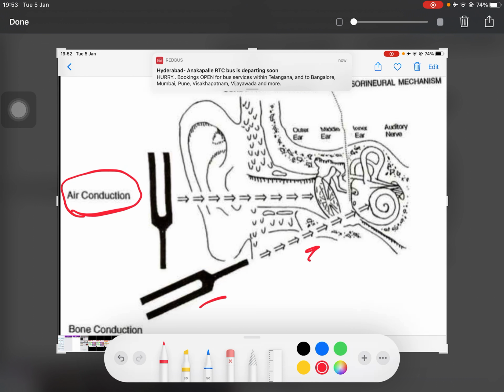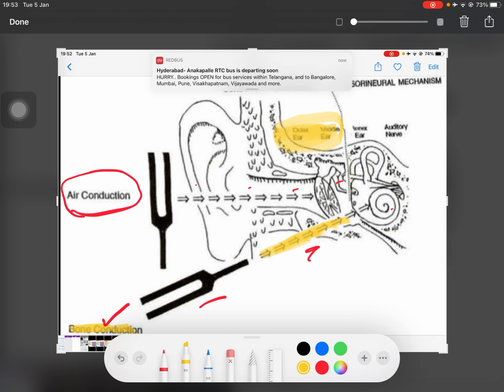When you test air conduction, you test from the pinna through the external auditory canal, tympanic membrane and ossicles, and also the auditory pathway. But when you test bone conduction, this conductive pathway is not tested because you are testing from the mastoid.